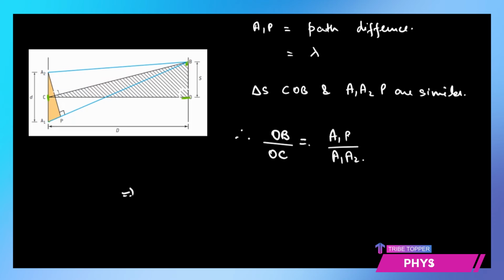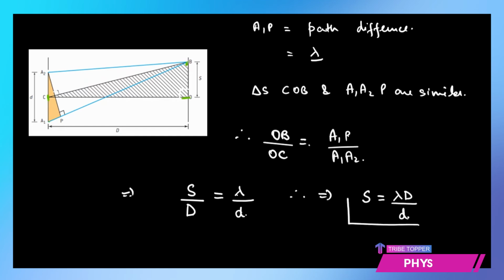Just comparing the two similar triangles, what are the distances OB and OC? OB is the separation between two consecutive bright fringes, so that is S. OC is the distance between the slits and the screen, that was capital D. This is equal to A1P, the path difference, which is lambda, upon A1A2, the distance between the slits, d. So this gives us S equals lambda D upon d.